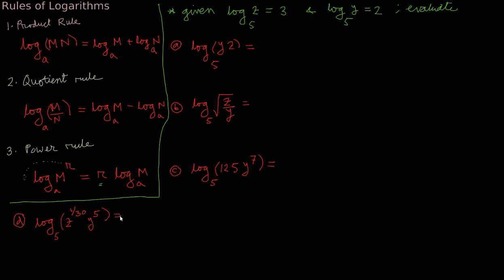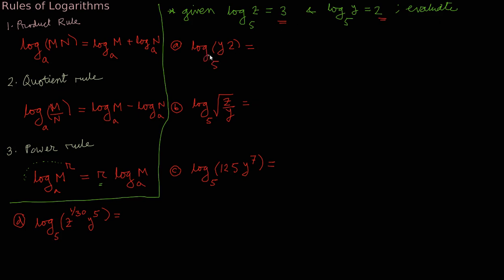All right, so let me rephrase it again. So given logarithm z equal to 3 and logarithm y equal to 2, I need to evaluate all these four different expressions. So let me start one by one. Okay, so let's start with a.